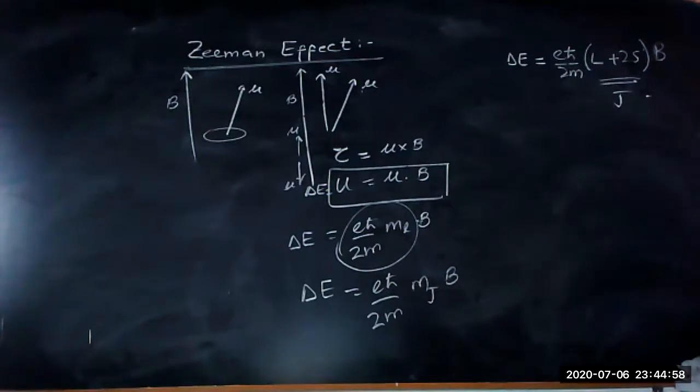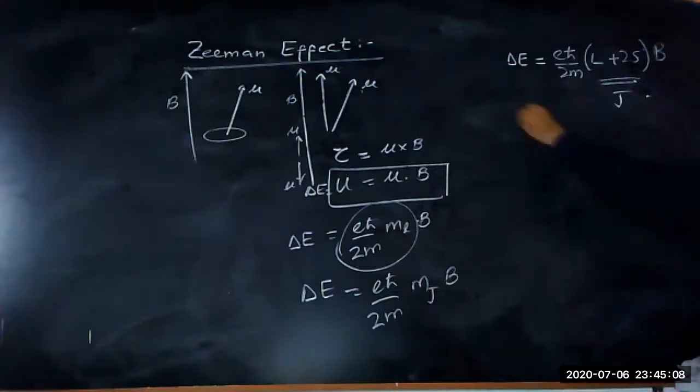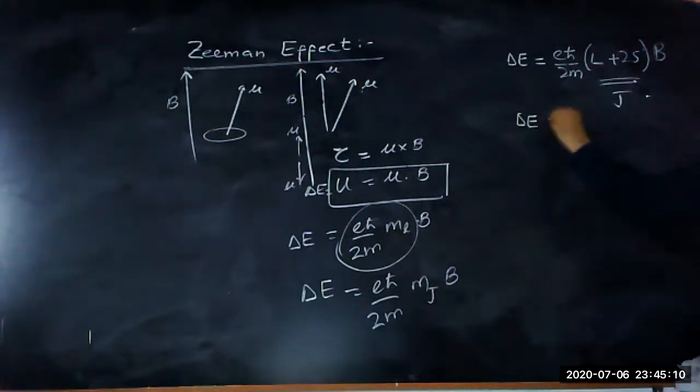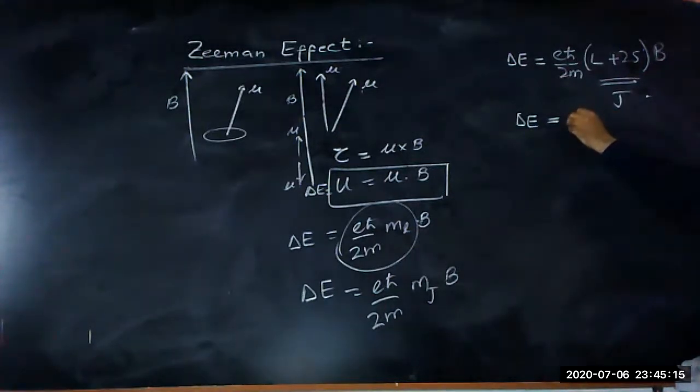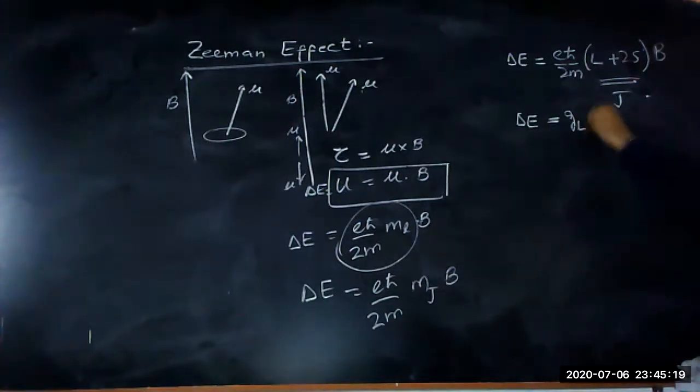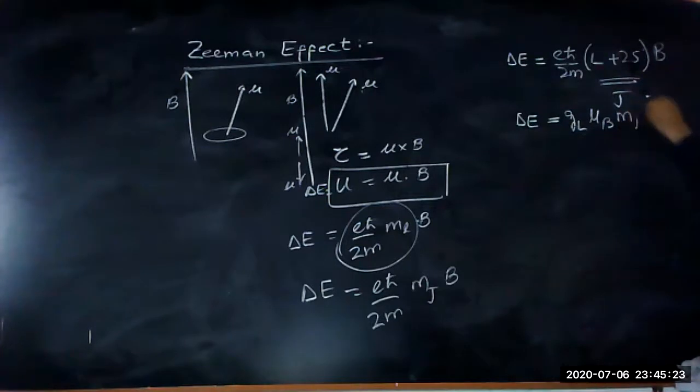Now this is the delta E, which is equal to eħ into L plus 2s into B. So this delta E is equal to g_L mu_B into J into B. This is the mu_B.